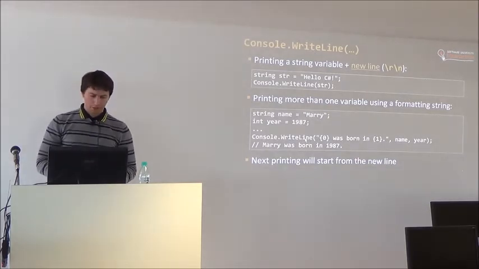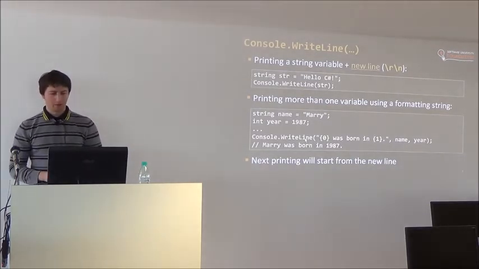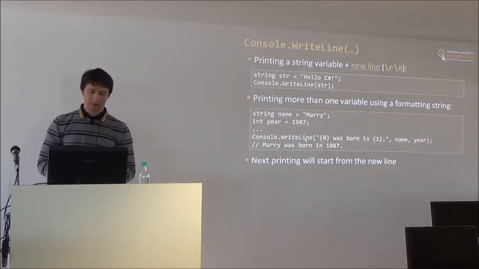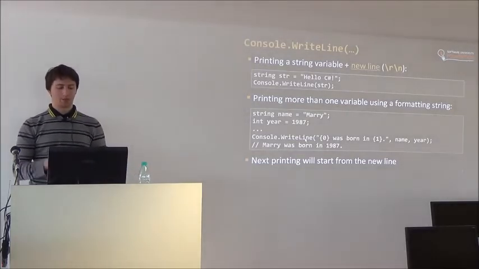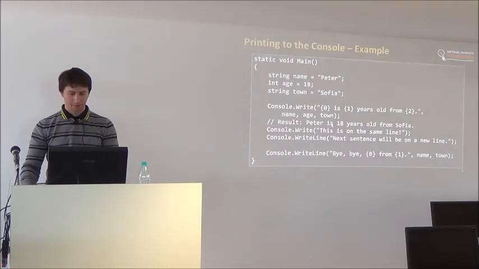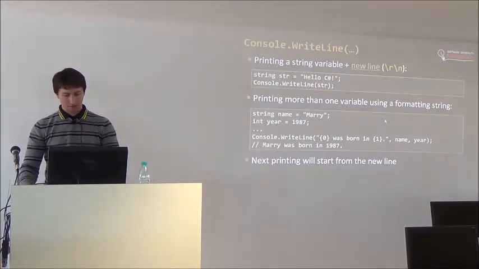If you would like to print more than one variable, that's kind of the same as the previous slide, where we said that you have a placeholder 0 and a placeholder 1. You just replace them.